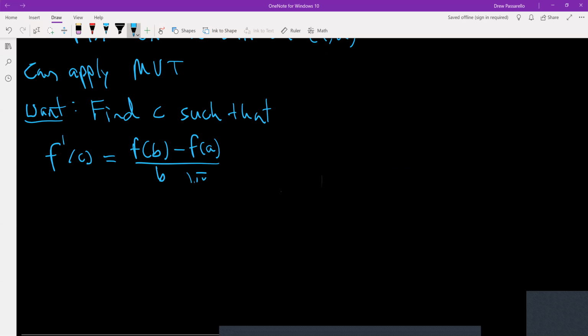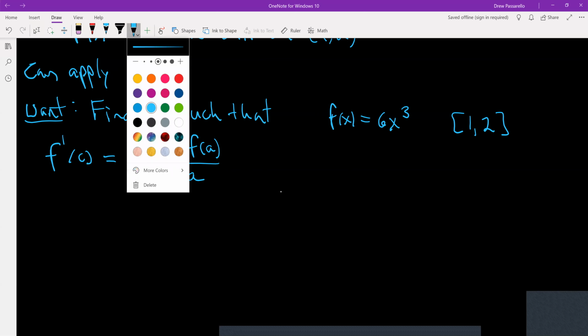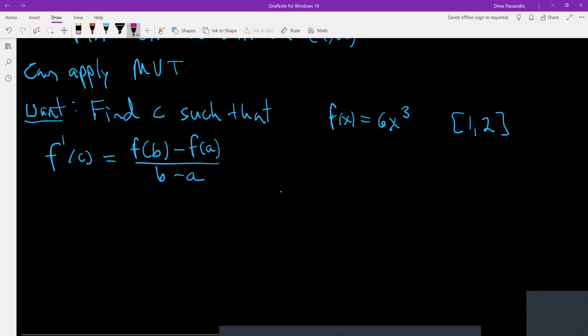All right, that's what we want, and I'll write the function over again with 6x cubed. And we're dealing with the interval 1 to 2. All right, so what I do first is I'm going to actually find the right-hand side.